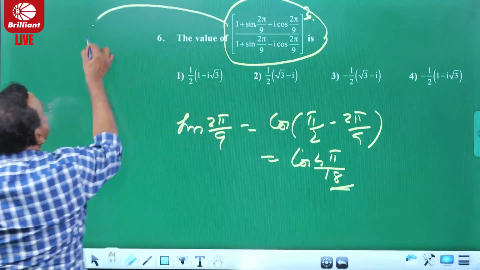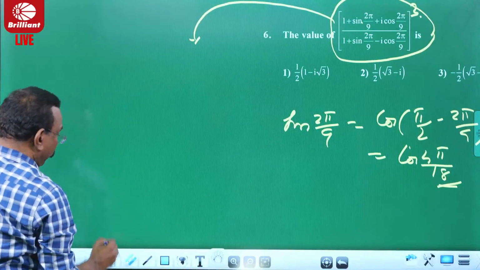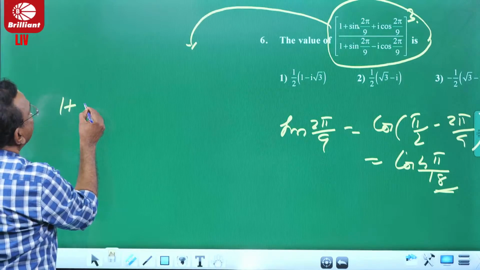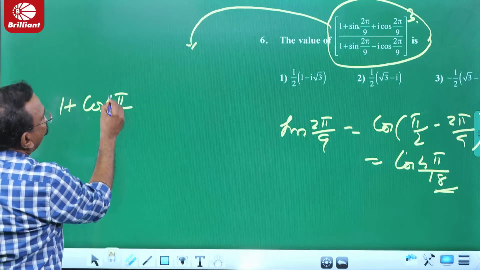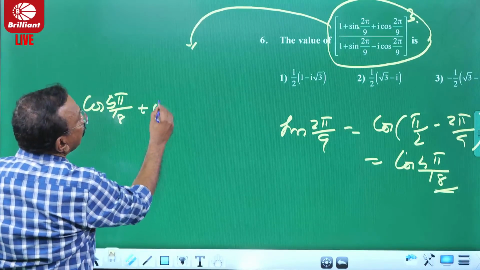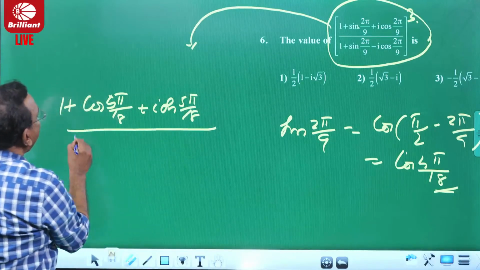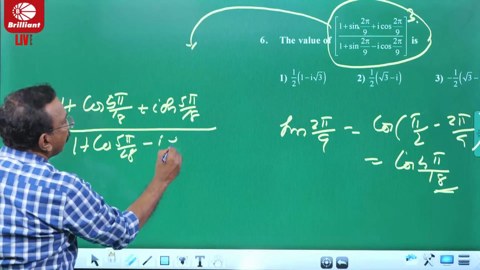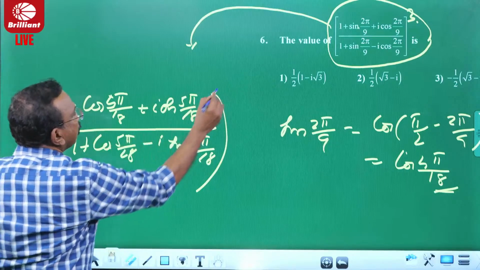So we can replace this one as 1 plus cos of 5 pi by 18 plus i into sine of 5 pi by 18, all divided by 1 plus cos of 5 pi by 18 minus i sine of 5 pi by 18, the whole cube. This is the expression inside.